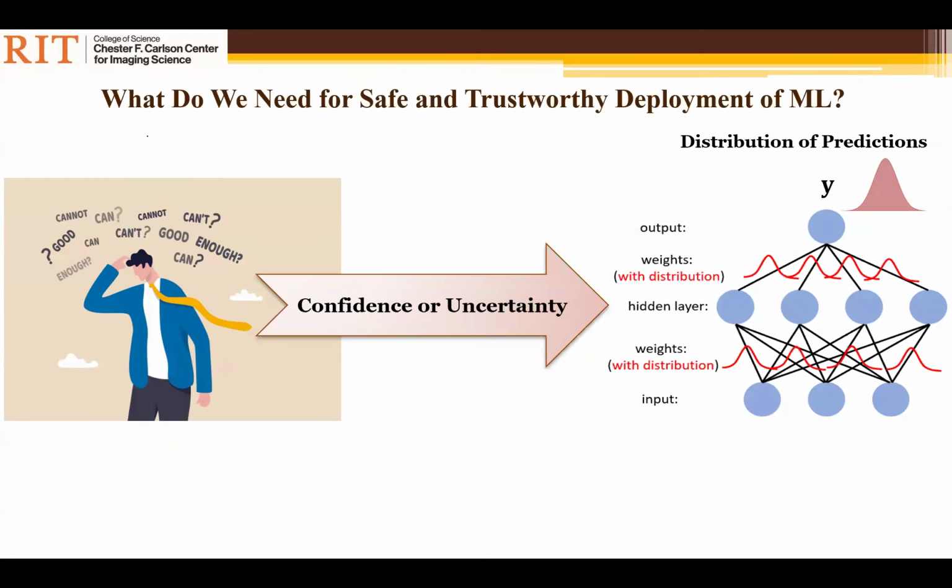So what do we need in order to be able to trust the network? We need to quantify some sort of confidence or uncertainty at the output that will tell us if the prediction brought to us by the network is trustworthy, so we can depend on that decision, or if the uncertainty of that decision is high, meaning we cannot really depend on that prediction much.